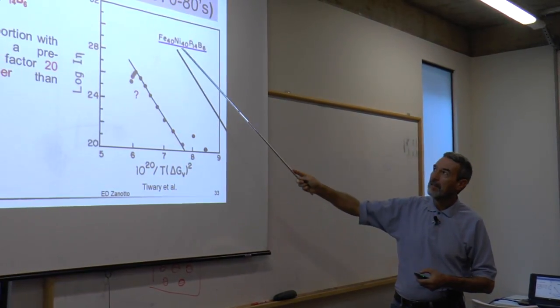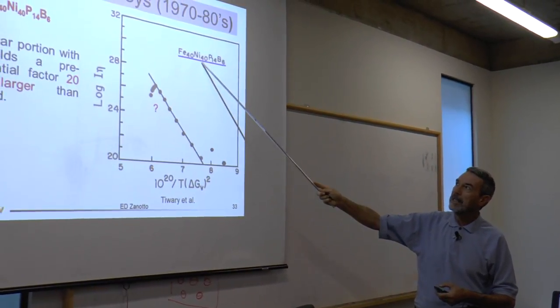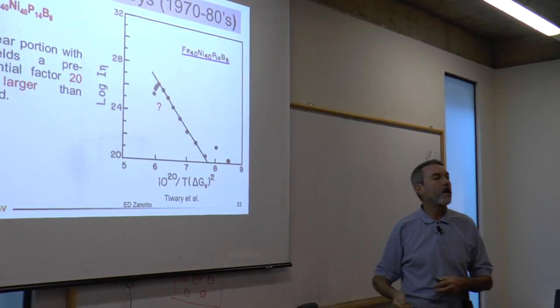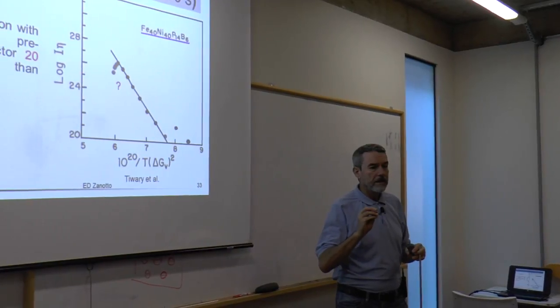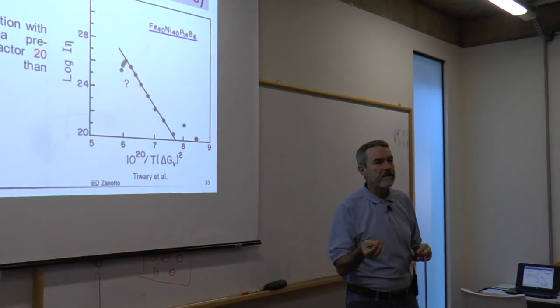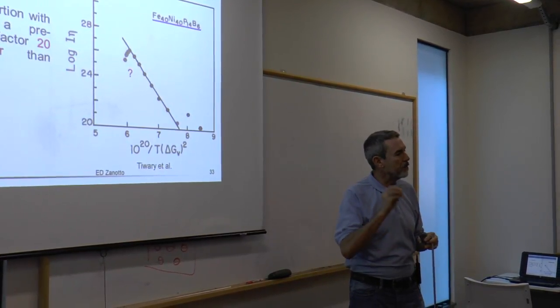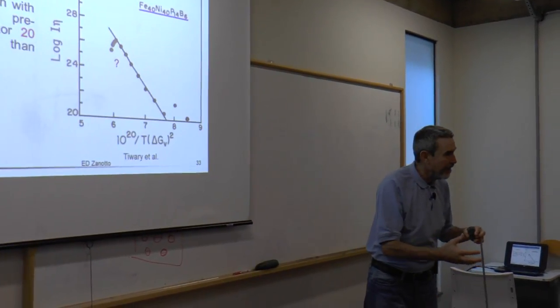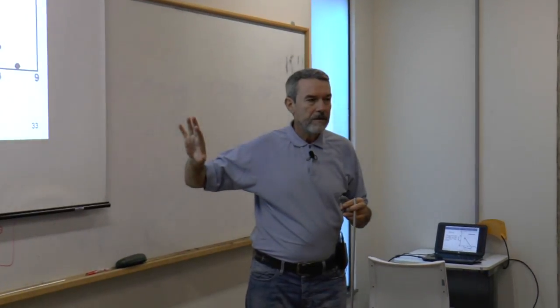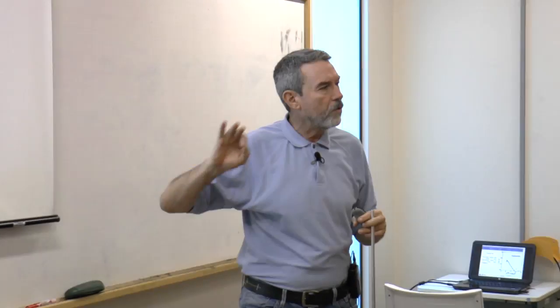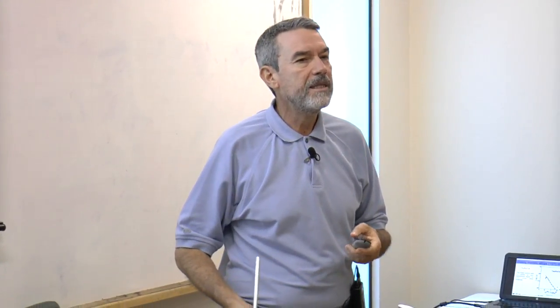And second, mind you that this composition is not stoichiometric. In other words, the composition of the crystal phase is different from the composition of the alloy. And this is a very complicated situation. So this was also not a very pristine, definitive kind of experiment.